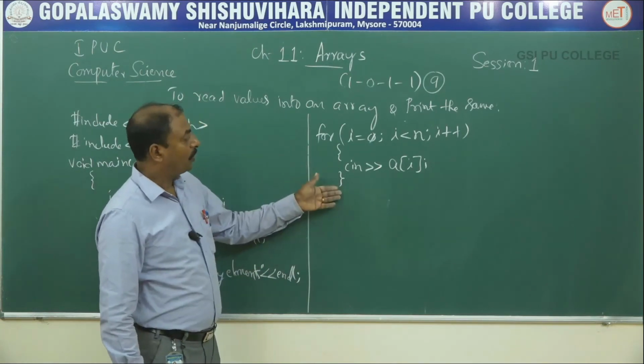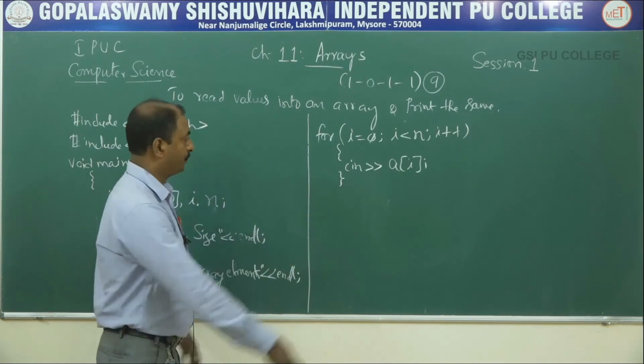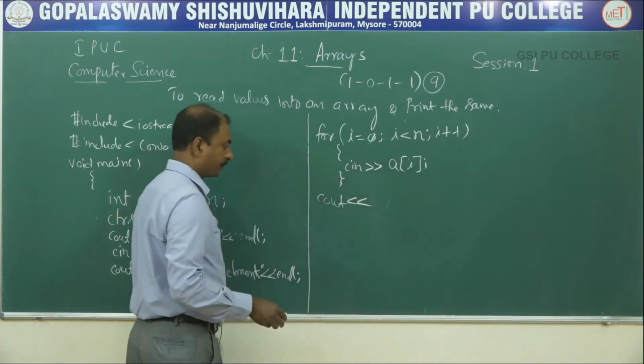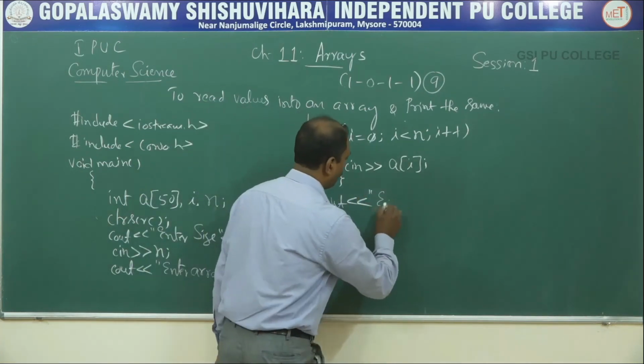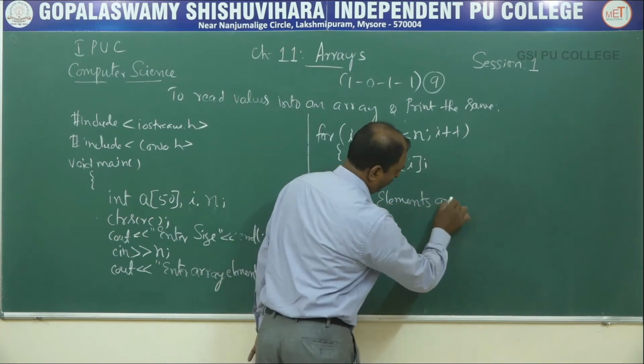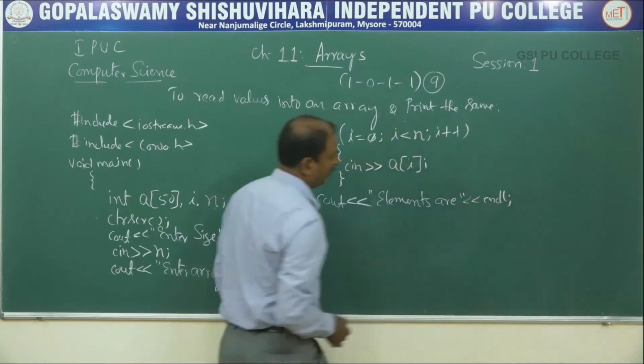Now we have to write one more for loop to print the same elements, that is cout elements are, endl.